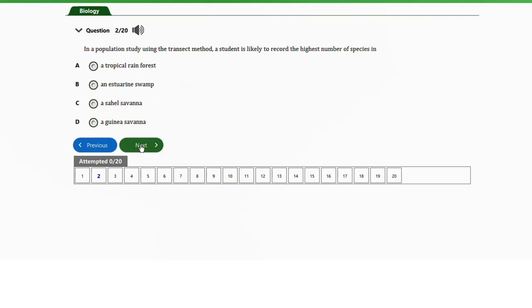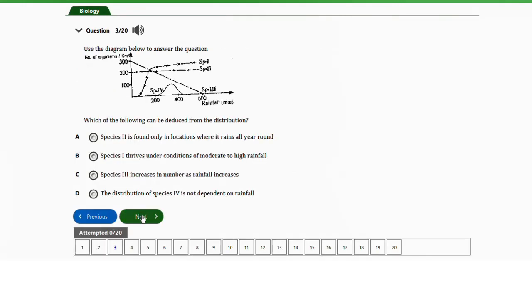We have to understand that the transect method involves studying a straight line across a habitat to record the different species that are present. If we do that, we'll realize that in a tropical rainforest, we'll actually get the highest number of species because of the larger number of different species. That's the biodiversity.